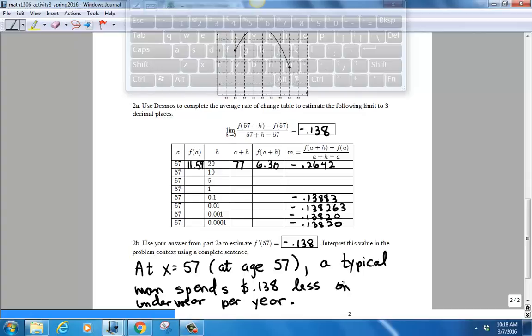Or you could have said the amount that a guy spends on underwear is decreasing by $0.138 per year. You could have said that last phrase in slightly different ways, but the point is the amount is decreasing each year by 0.138 at this particular age.